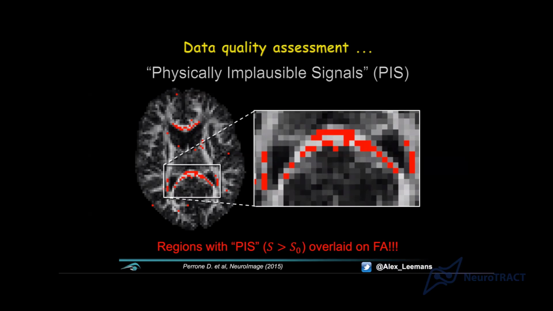This is just for context, for location. Now let's focus on these 4 voxels in a clear region, where the non-diffusion weighted signal is smaller than the diffusion weighted signal.